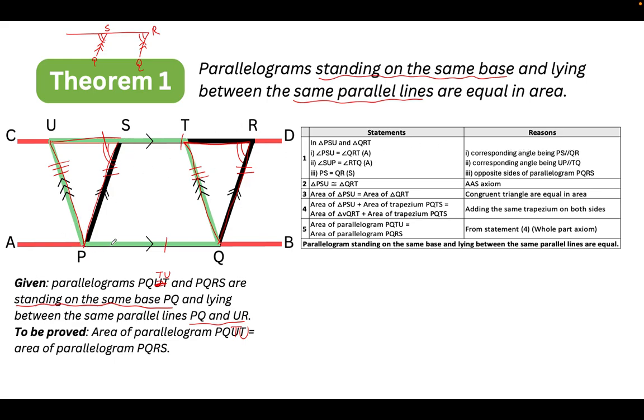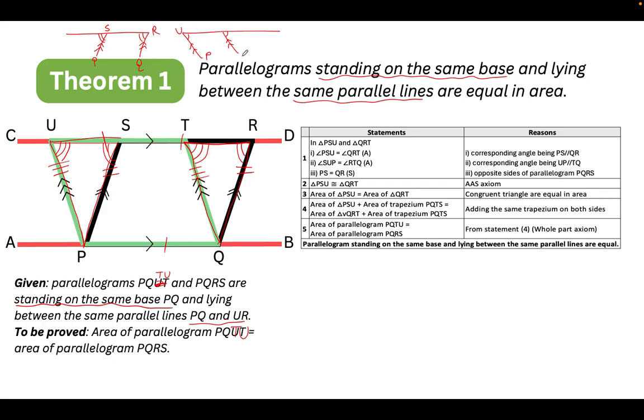Now let's move on to the second statement. Angle SUP is equal to angle RTQ. Here again you can see that the two parallel lines make corresponding angles.